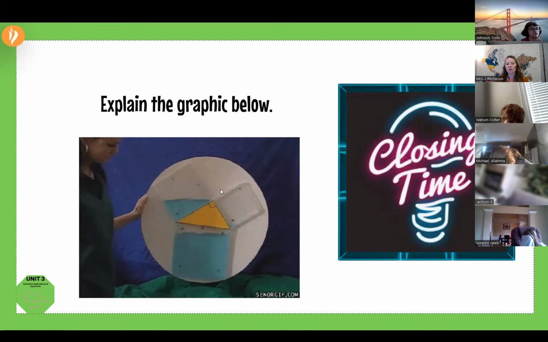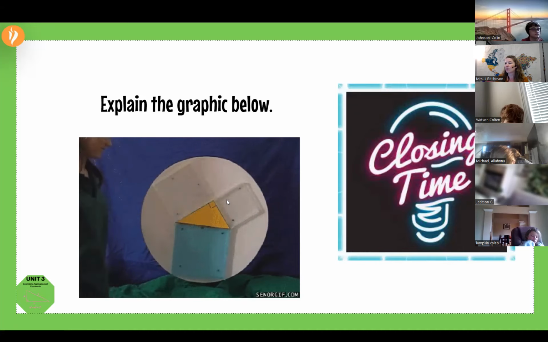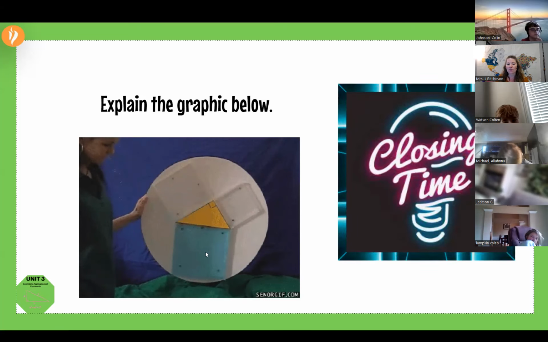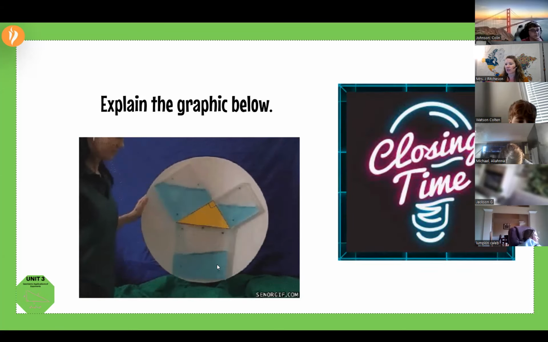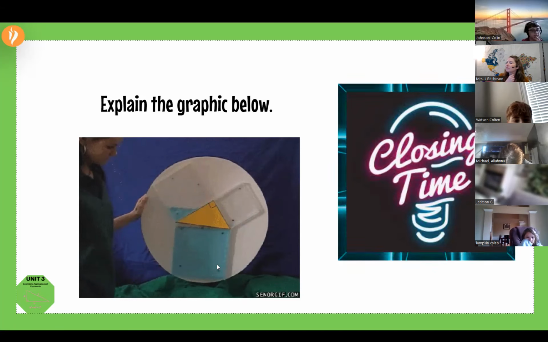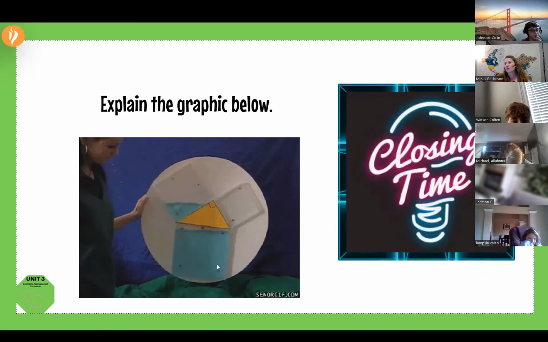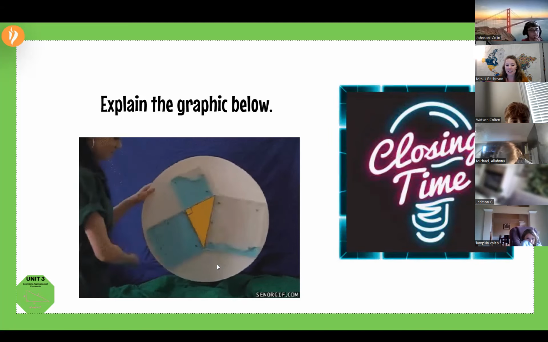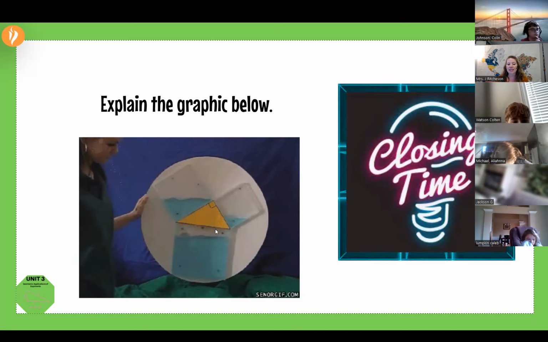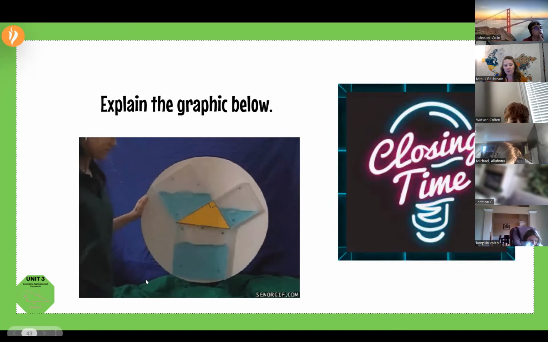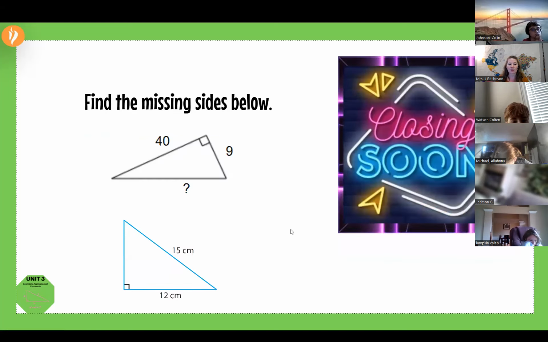At first, these 2 squares are filled completely. And when they rotate that table, it shows that those 2 squares fill up the biggest square perfectly, which just confirms the Pythagorean theorem. If you square the 2 sides and add them together, it equals the same area as the hypotenuse squared. Okay, so that's a great visual of the Pythagorean theorem.